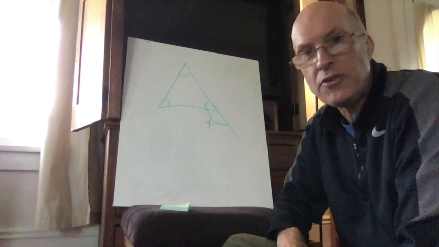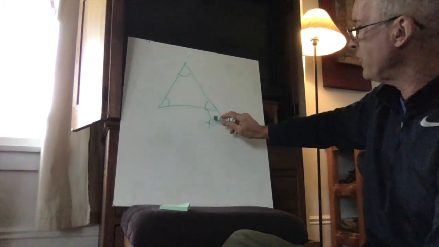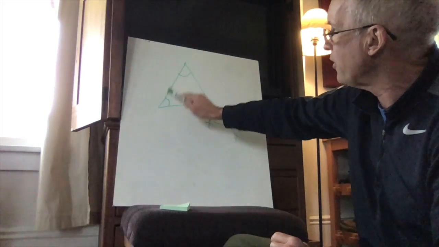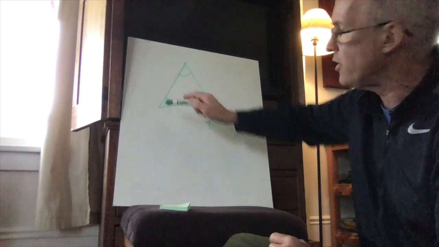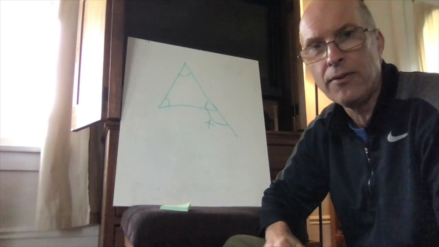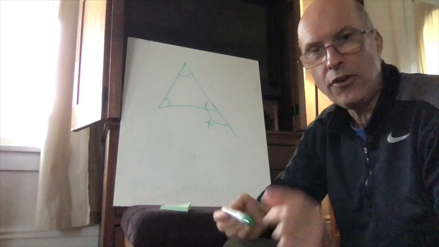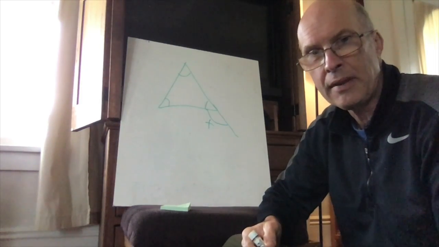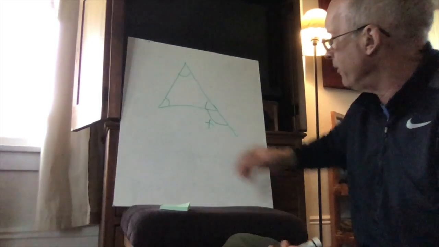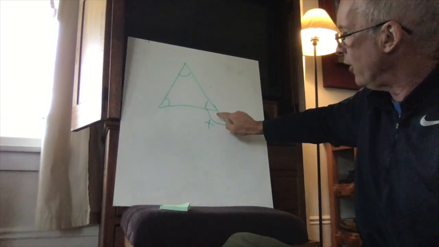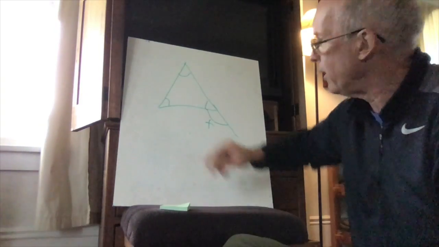Theorem 4.2 says that this exterior angle adds up to these two. These are called interior angles to the exterior angle. It adds up to those two sums. Let me say that again. This exterior angle has two remote interior angles.